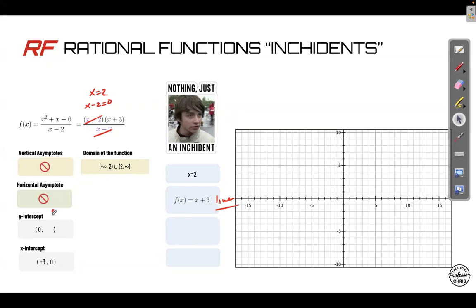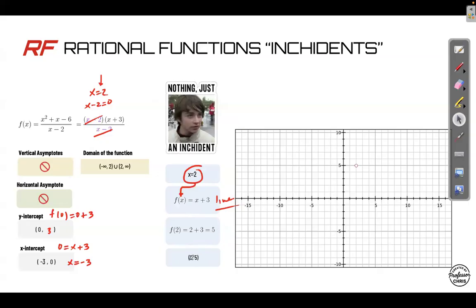If you evaluate the function at 0, you're going to get 0 plus 3, and the answer would be 3. And if you set the equation equal to 0, you're going to get x plus 3 equals 0, so x is equal to minus 3. That's your x-intercept, and the hole is going to be exactly where this function is evaluated at that value that we had to cancel out.